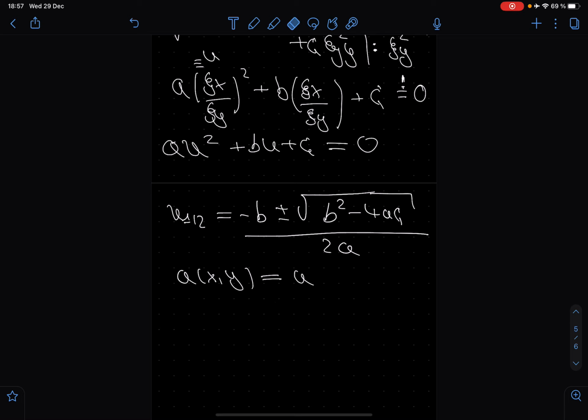So let's just assume you get lambda terms which are constant, lambda 1 and lambda 2, which can depend on ξ, η, but I don't want to make it too complicated.